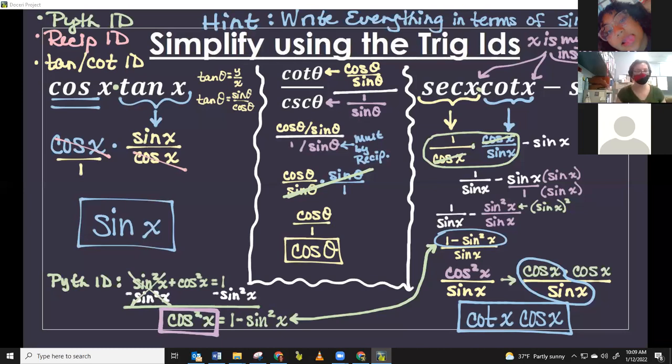All right, I want to look at a couple others where we simplify, and then we're going to start verifying. I think verifying is easier than simplifying, honestly. I'm going to put up 3 more problems that we are going to use as we simplify.